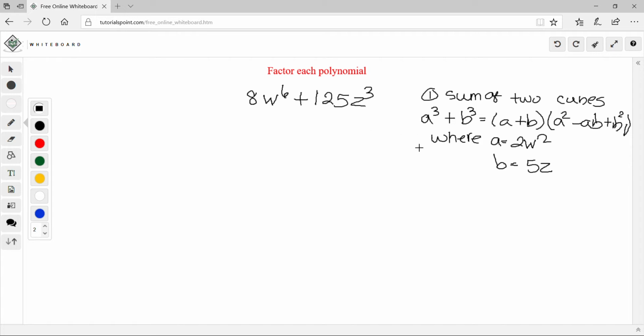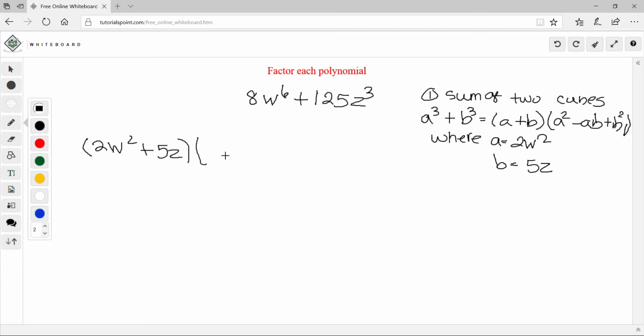So now once we have our a and our b, we can put it back in this formula. So our a is 2w squared plus 5z, and then it's multiplied by a squared.